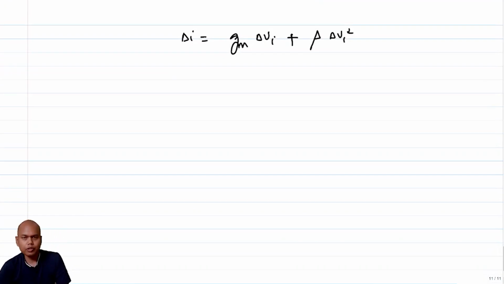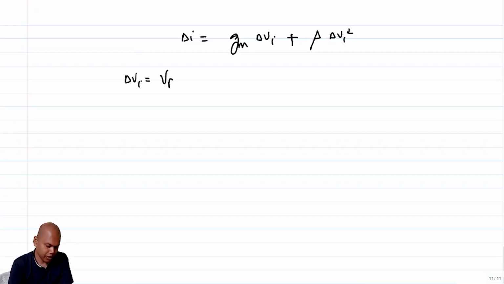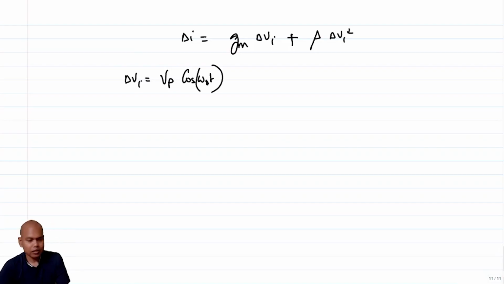So what's the issue? The issue is, if ΔVi is, let's say, Vp cosine ω0t, right? Typically in an RF system, you will have a tone and you have signals around the tone. Let's assume cosine ω0t is the tone.